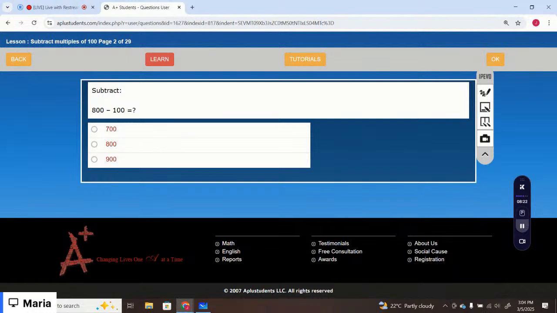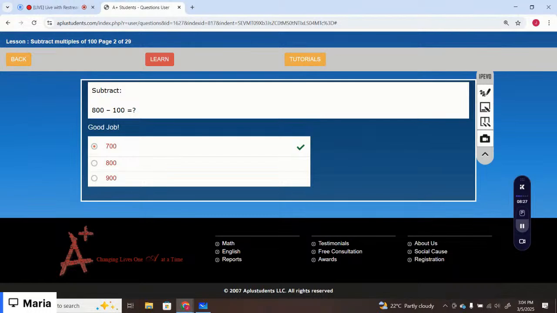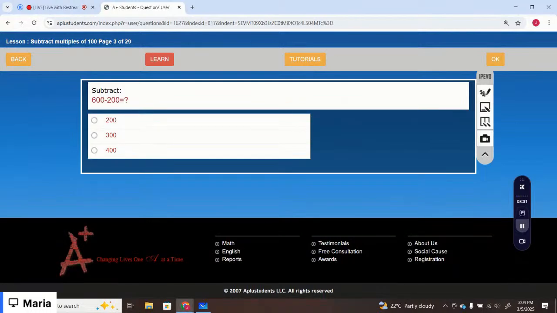Option number 1 is the correct option. Next, 600 minus 200, which is the correct option?